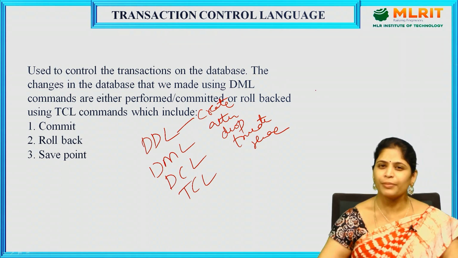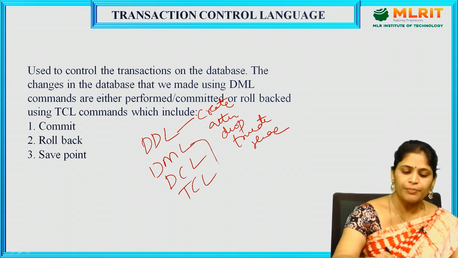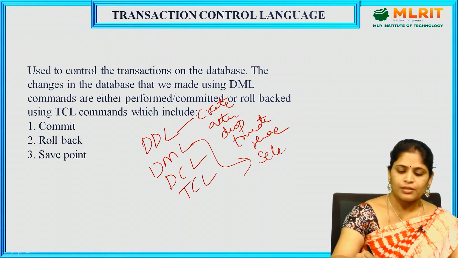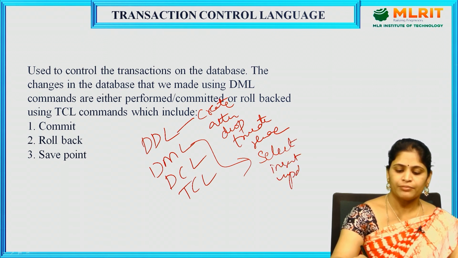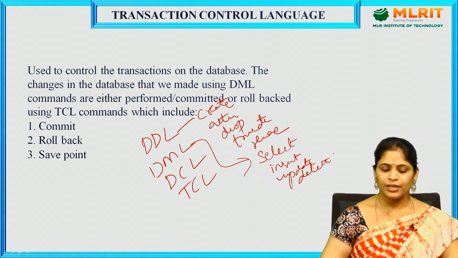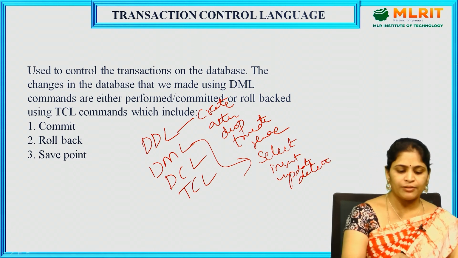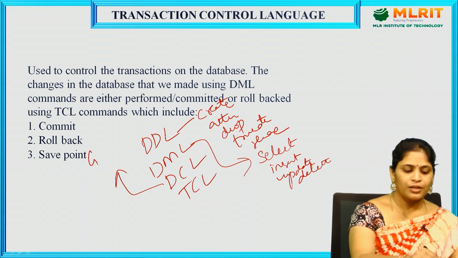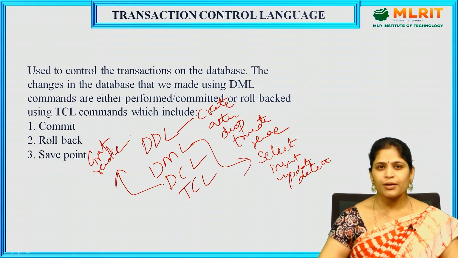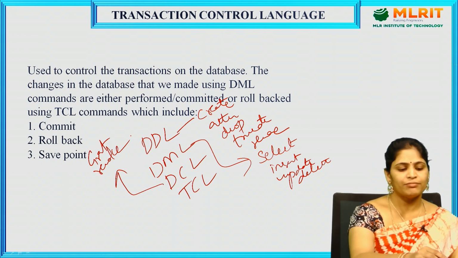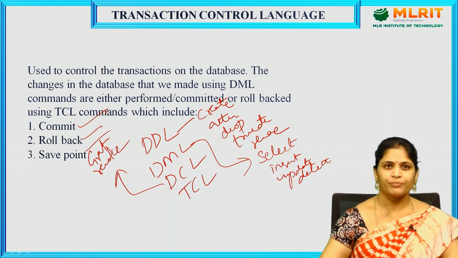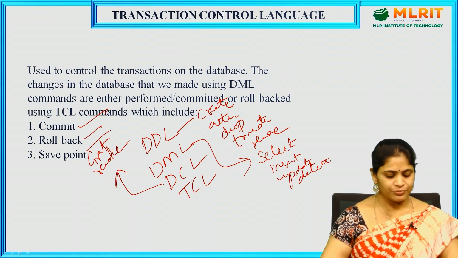In DML, select, insert, update and delete. These are the 4 commands under DML. Next, DCL: grant, revoke. These two commands come under DCL. And TCL: commit, rollback, save point. So these three come under TCL.